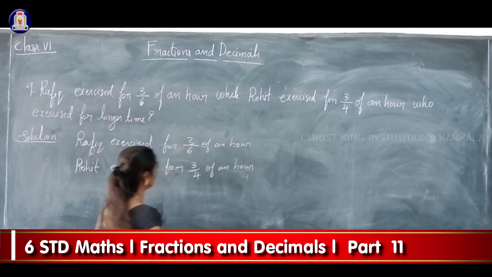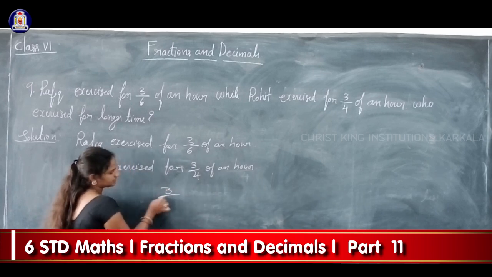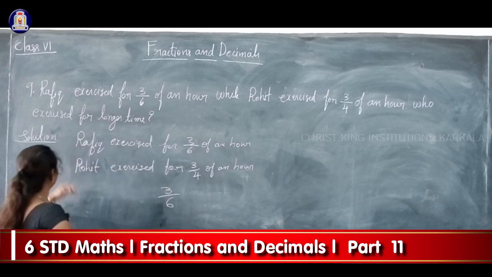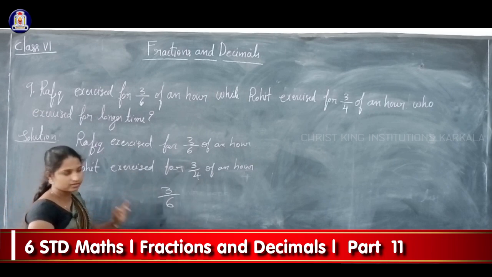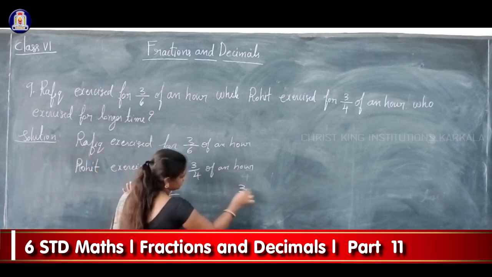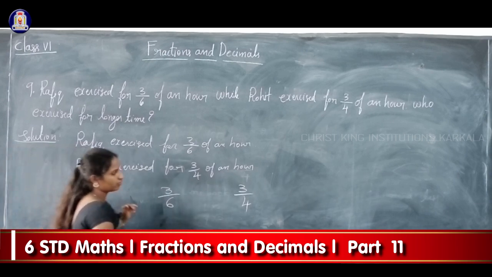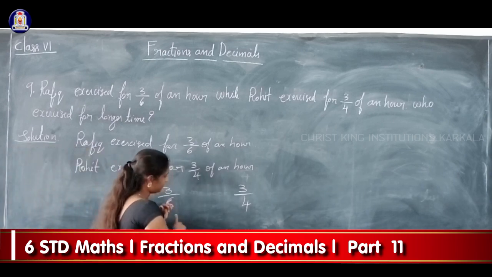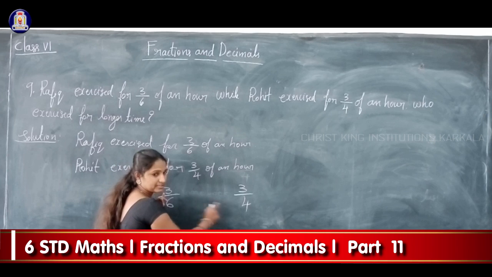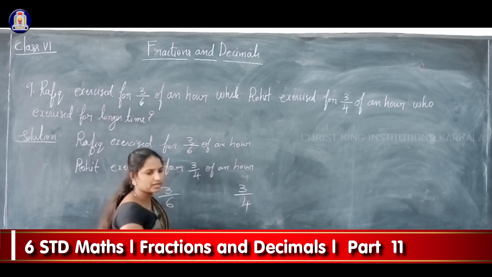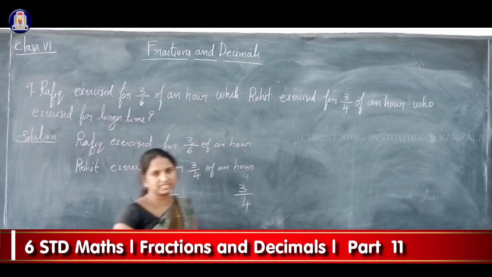3 by 6 is what Rafiq exercised for in an hour, and 3 by 4 is what Rohit exercised for. Now if I compare, the denominators are not the same, so first you have to make the same denominator. This is an easy method.